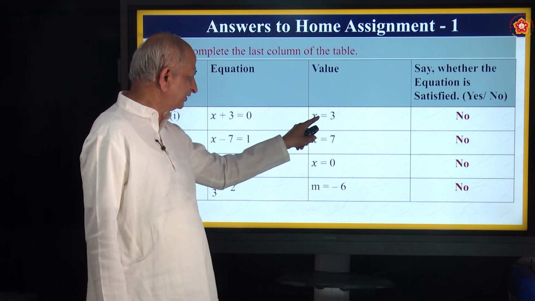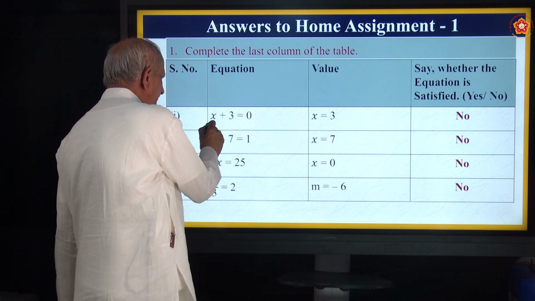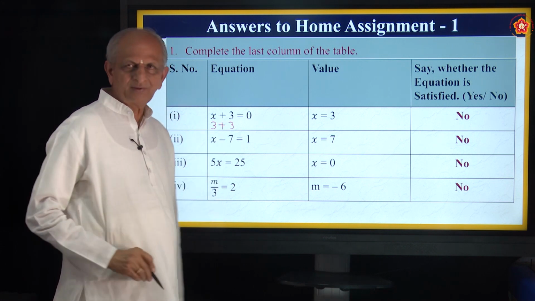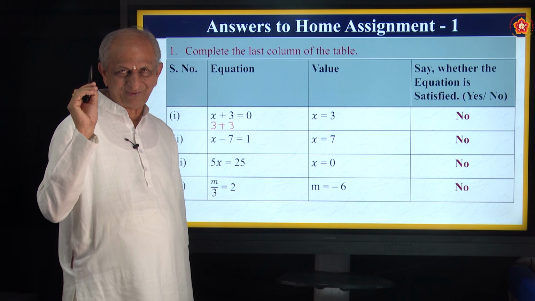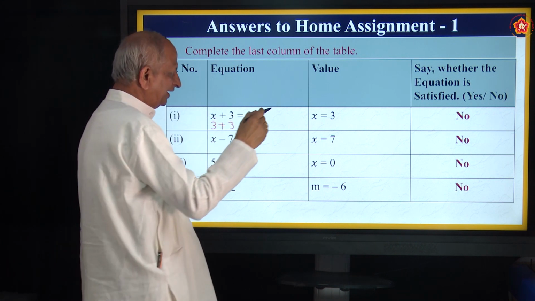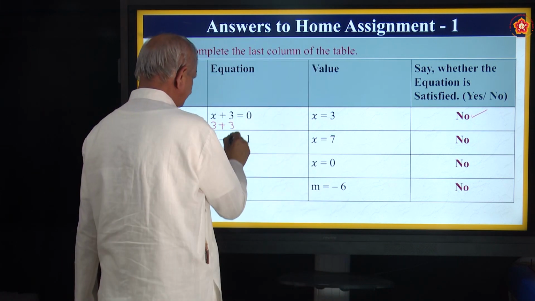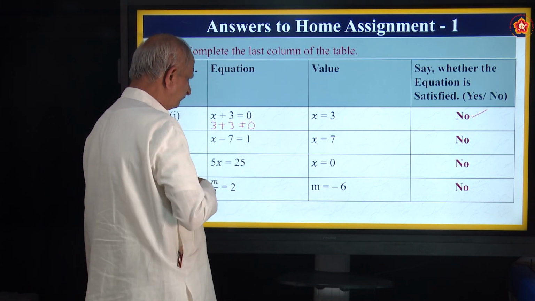The value is x is equal to 3. Suppose you write 3 here, what happens? 3 plus 3 becomes, how much is it? 3 plus 3 is 6, it is not equal to 0, correct? So, you must write no. So, 3 plus 3 is not equal to 0.